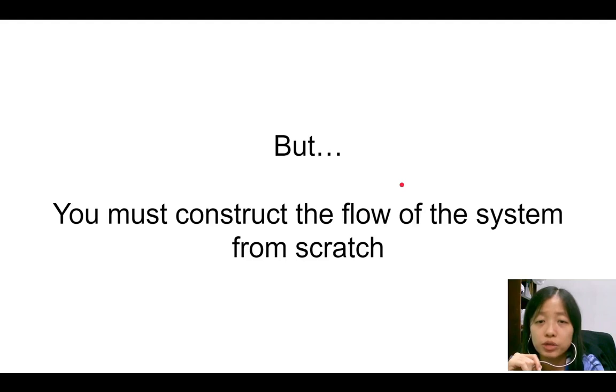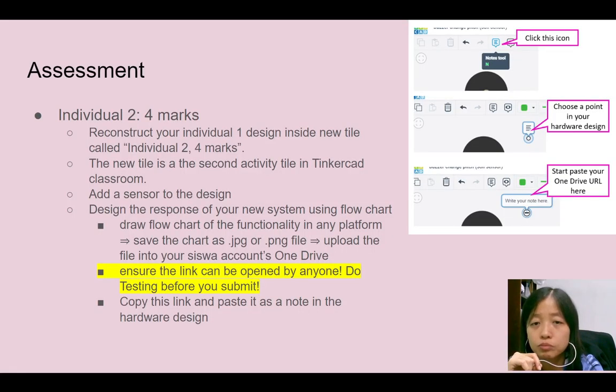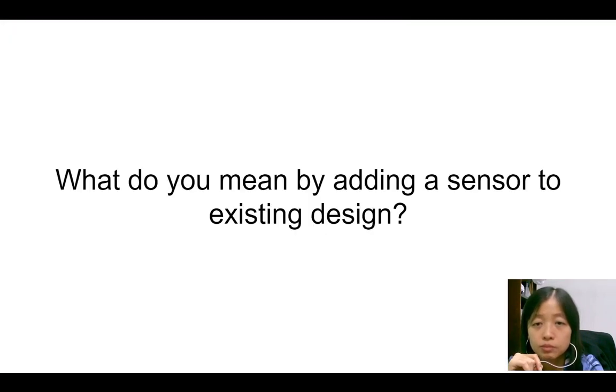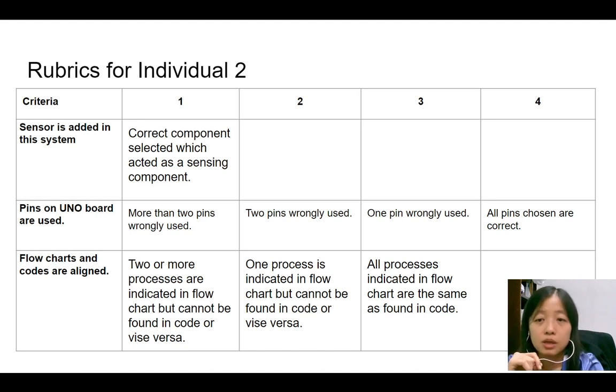Let's look at the rubrics. All right, so this is a 4 marks assignment. To get marks in this assignment, first you must make sure you have a sensor in the system. When I open your work, I want to see a sensor in there.